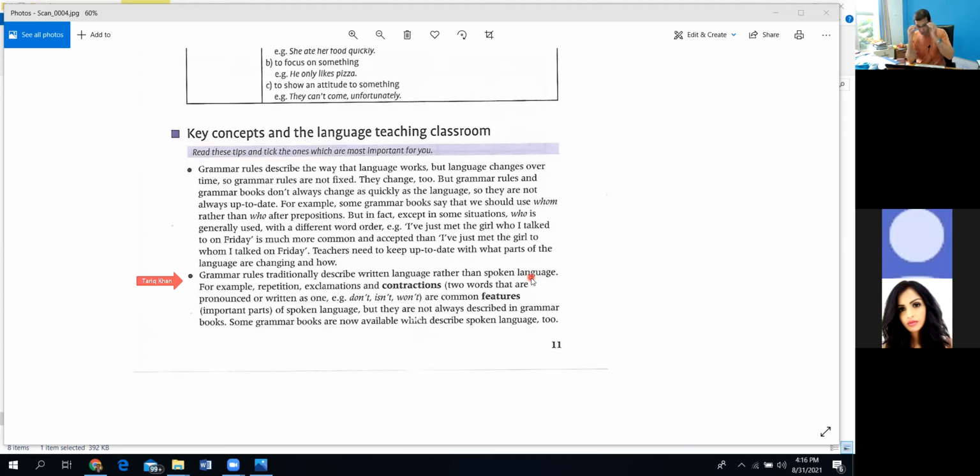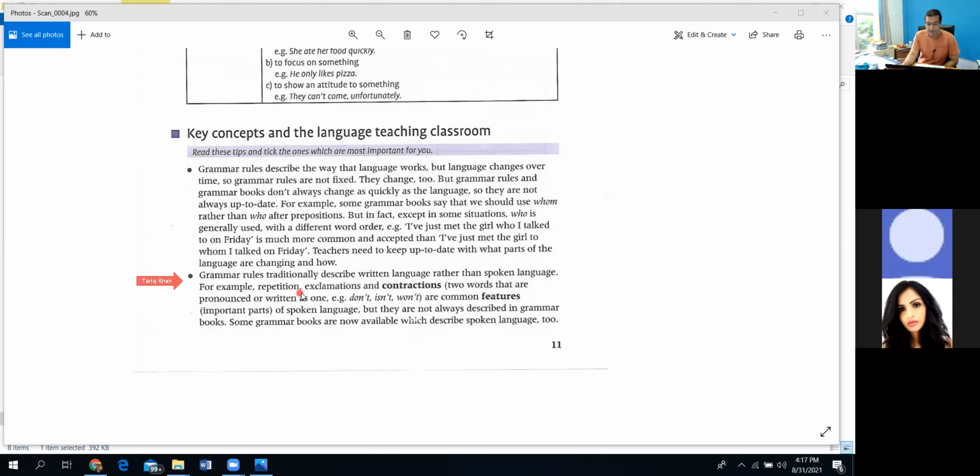Sometimes a one-word answer is there and it is clear. Sometimes two words. Grammatically, we don't write that way. I can't just write a gesture as the answer. While writing, I have to follow the rules of grammar properly. That's why they say here, grammar rules traditionally describe written language rather than spoken language.